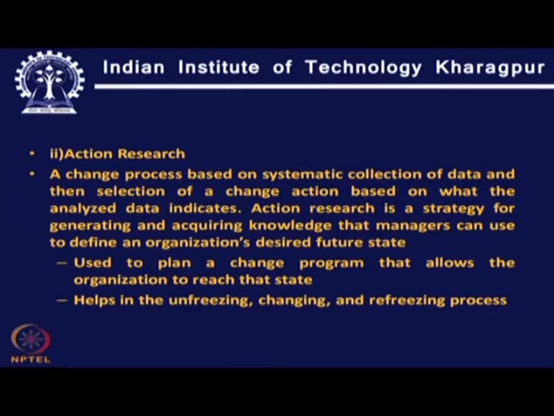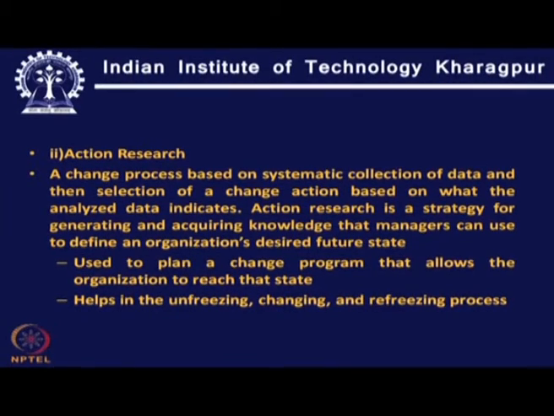Action research is a process of generating and acquiring knowledge which managers can use to define an organization's desired future state. It is used to plan a change system that allows the organization to reach that required state of change.